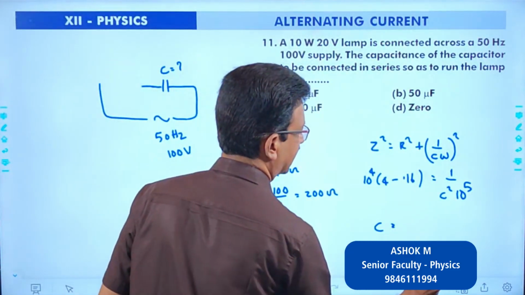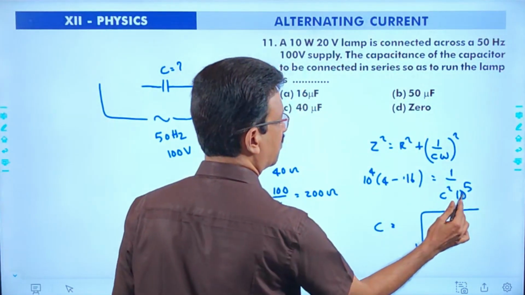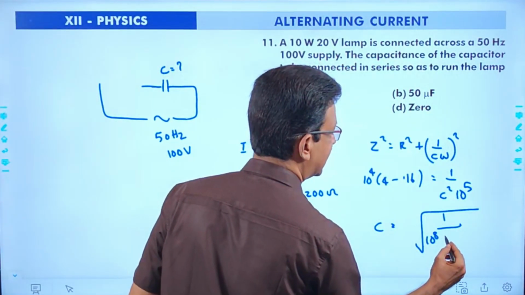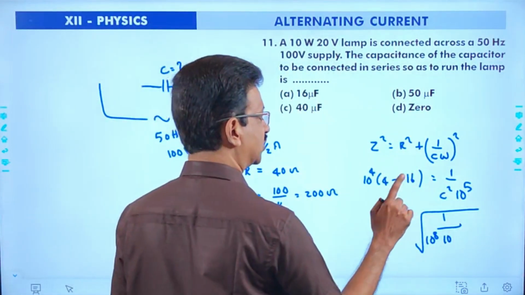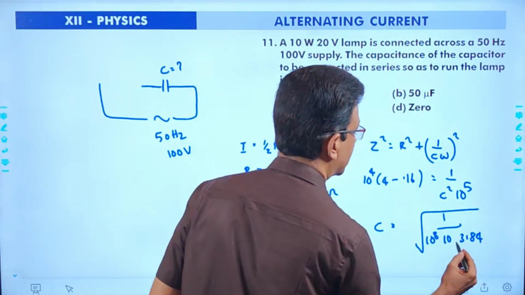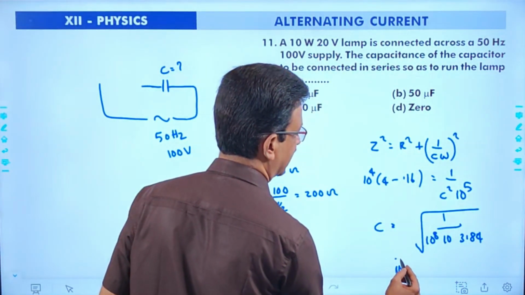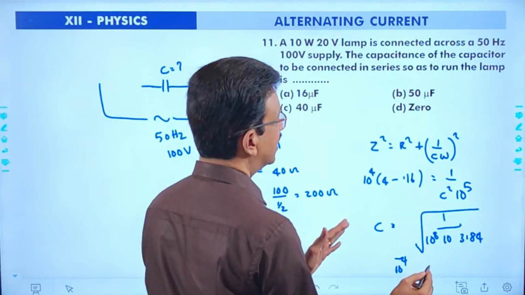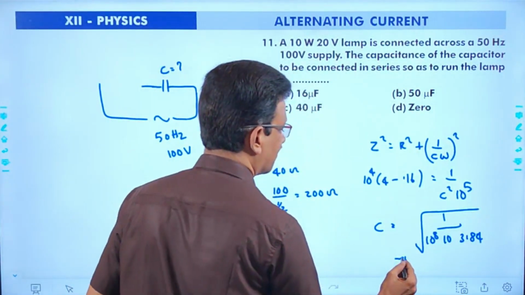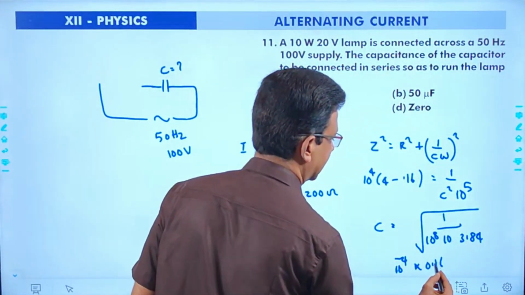Therefore, C can be written as inside the root 1 by 10 raised to 4 into 10 raised to 5, 10 raised to 9, then 3.84. 10 raised to 8 when it comes outside becomes 10 raised to 4, and at the numerator it becomes 10 raised to minus 4 into inside the root 1 by almost 40, that is 0.16, or it can be approximated as 0.16.